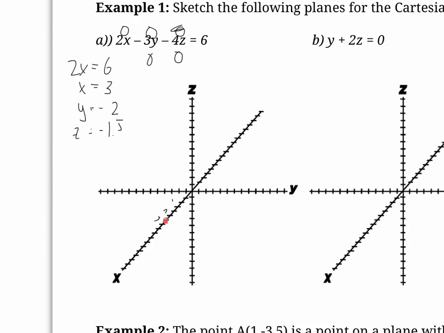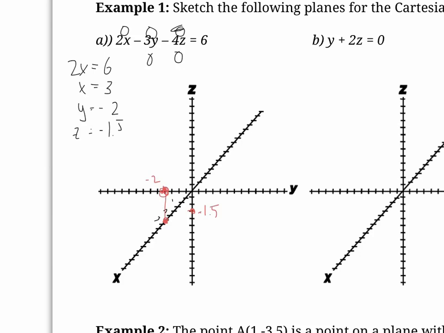Then for my y-intercept, negative 2, so I'm going to count 4 spots, 1, 2, 3, 4. And that will be negative 2. And then for my z-intercept, it's going to go down negative 1.5, so that's going to be right here, negative 1.5.